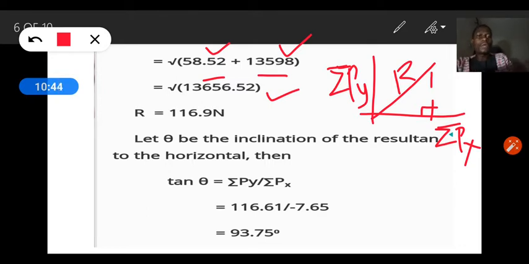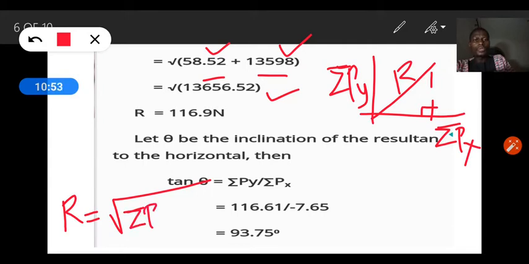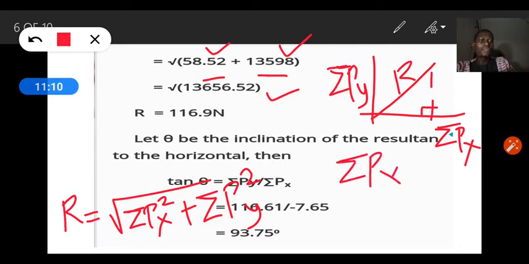Remember the formula we wrote before. We said R is just square root of summation Px squared plus summation Py squared. So don't forget, after summation Px is squared, that's where I have 58.52.